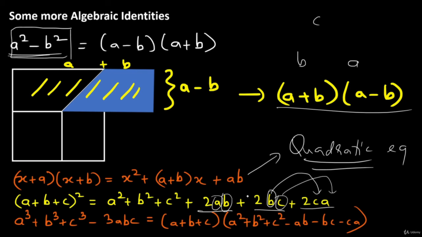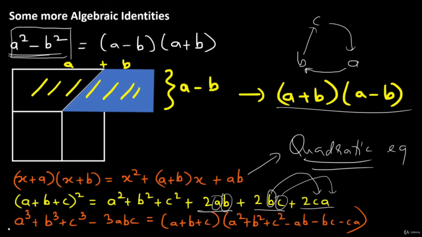So over here we have ab, then wherever a is you will put b, and wherever we had b we put c. So over here we have 2bc. Similarly, wherever we have c we put a. So 2bc becomes 2ca. So a plus b plus c the whole square is equal to a square plus b square plus c square plus 2ab plus 2bc plus 2ca.